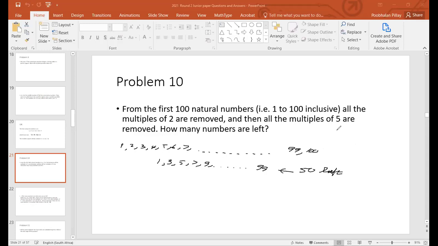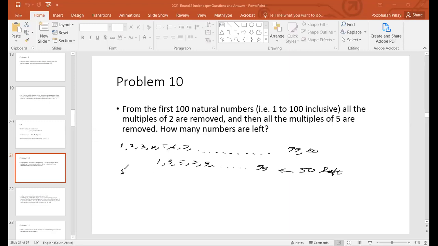Now, and then all the multiples of 5 are removed. Now, amongst the odd numbers, if you remove the multiples of 5, right, the multiples of 5 will either end in 0 or end in 5, but none of the odd numbers can end in 0, obviously. So we are looking for all those numbers which end in 5. Those are the multiples of 5.